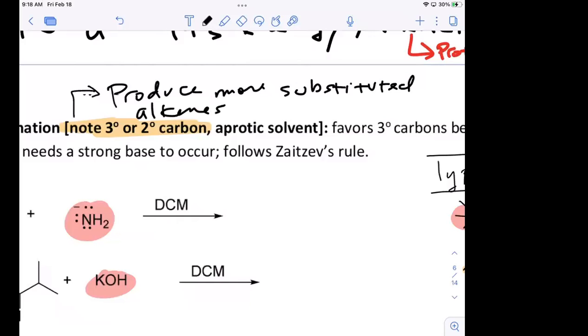If you notice right here, it says it follows Zaitsev's rule. We're going to talk about that in a second when we look at some of the reactions, and we're going to talk about the transition state and the rate law.